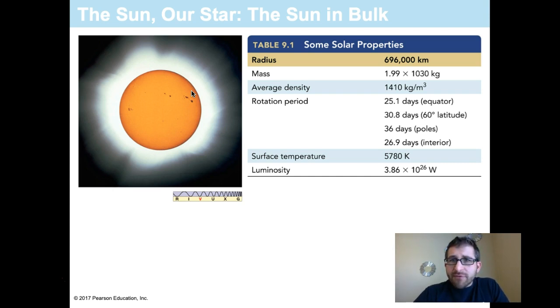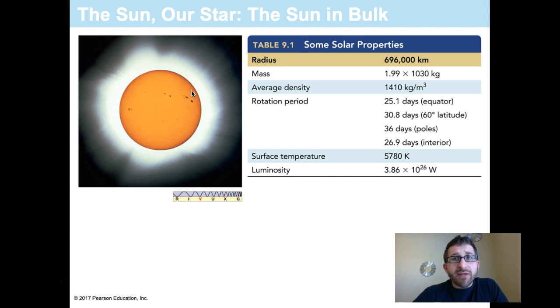So if you look at that and consider if you could compact the mass of your car down into the size of your household oven, that would be approximately the average density of our Sun.